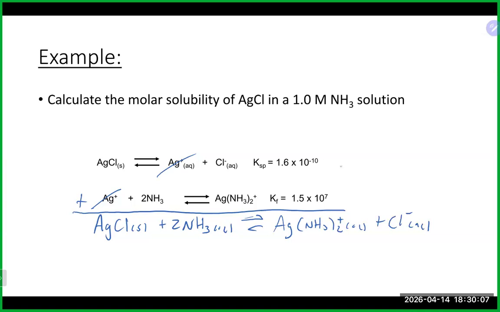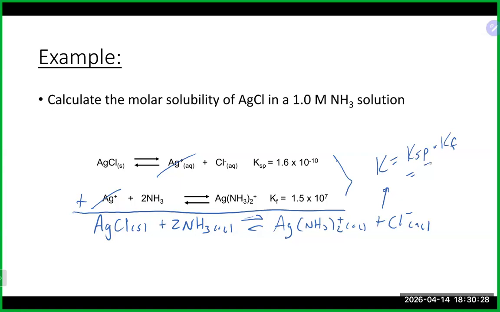By the way, just like before, we could get a K value for this by multiplying the KSP times the KF in this case. If we do that, we will end up with 1.6 times 10 to the minus 10 times 1.5 times 10 to the 7, it looks like.